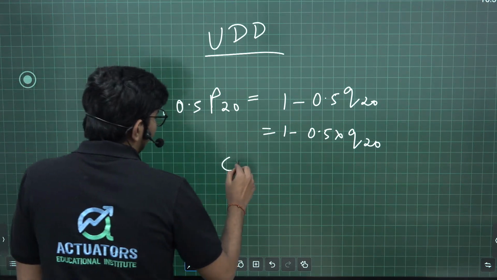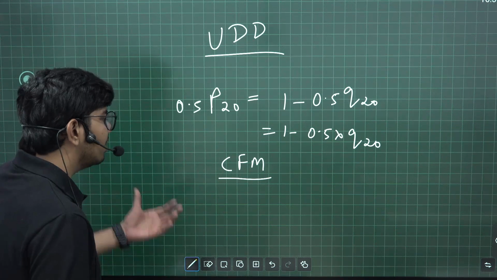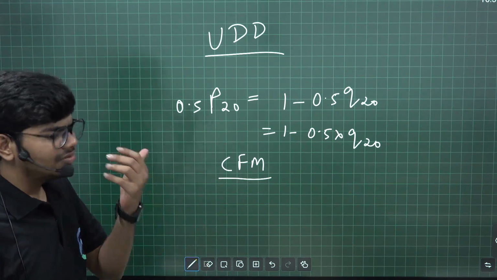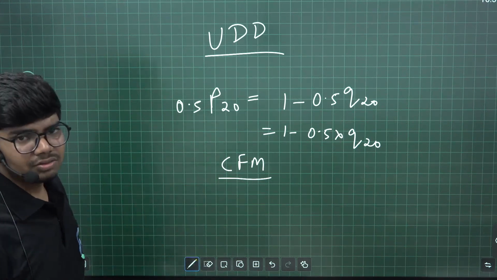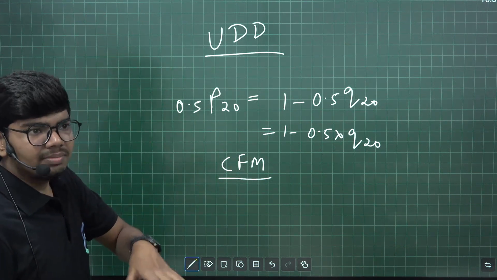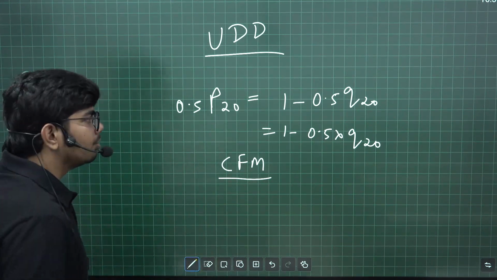But let us say I were making the assumption of CFM, which is the constant force of mortality, the second assumption which you can make. If you already know the concept of force of mortality, we basically assume that the force of mortality is constant, or basically the instantaneous force which is applicable on each and every one of us at every single nanosecond is assumed to be constant.